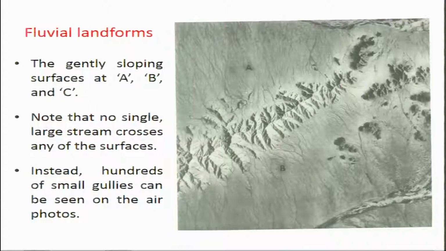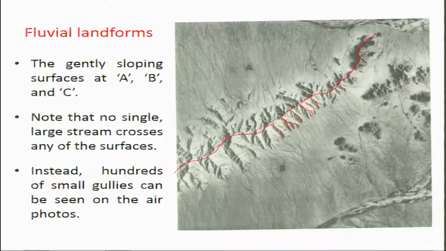In this case, you are able to see a fluvial landform, fluvial topography, where you can easily identify some most prominent features. Here is a ridge which is moving like this, and there are some hills, and there is dissection of the ridges and hills.